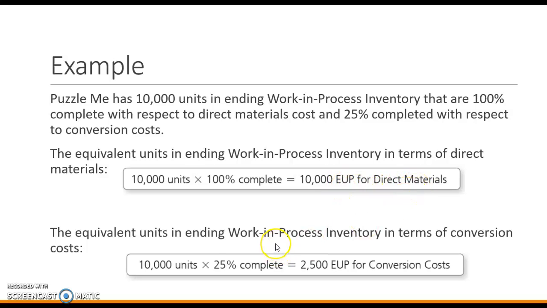For conversion costs, the 10,000 units are multiplied by the 25% completion rate, so that's only 2,500 equivalent units. In other words, we could have had 2,500 fully completed units as opposed to 10,000 units that were only 25% complete.